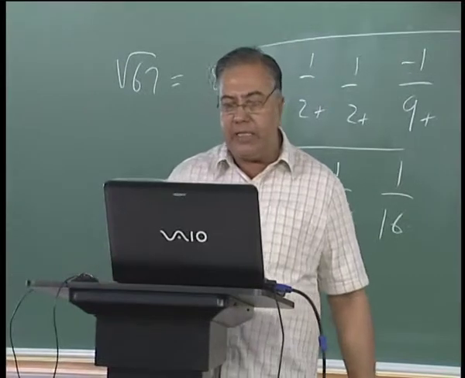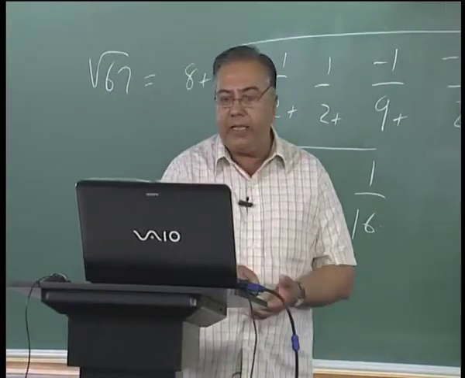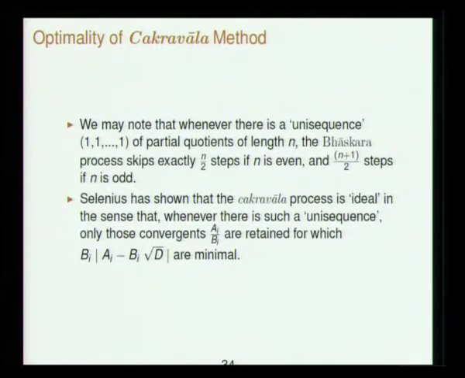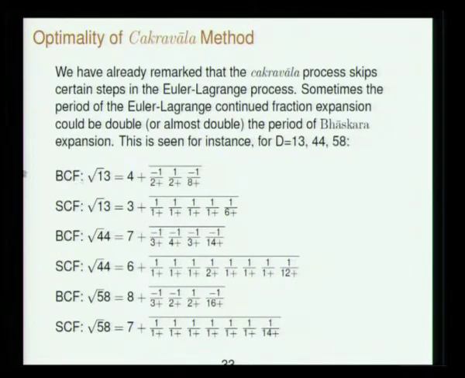Now there is another interesting property discussed by a famous Swedish mathematician, Selenius. The issue is this: whenever there is a sequence of what are called unit quotients, take the simple continued fraction. You see there is a set of 1 1 1 1 appearing here, right?